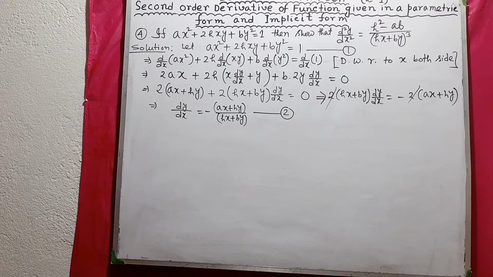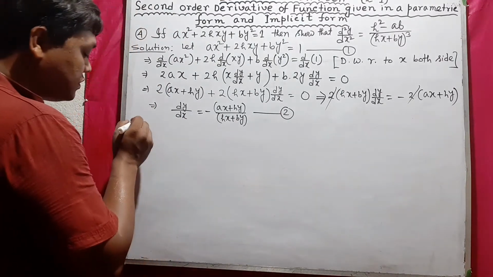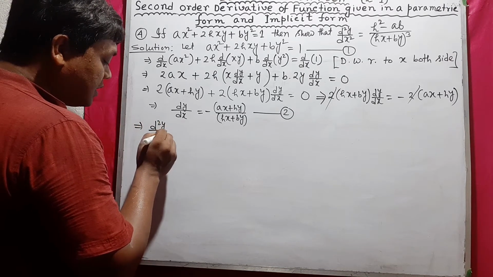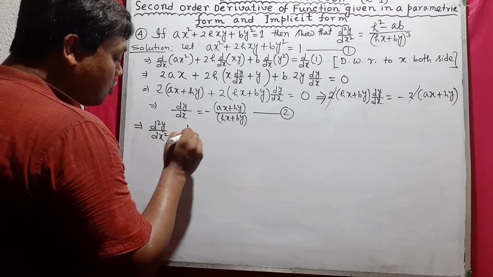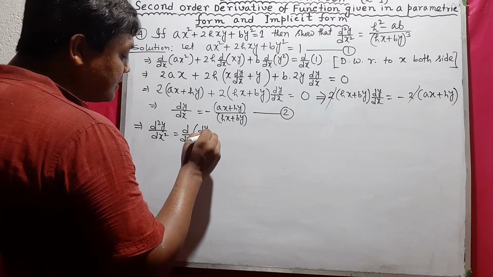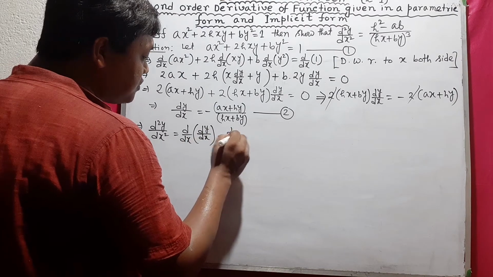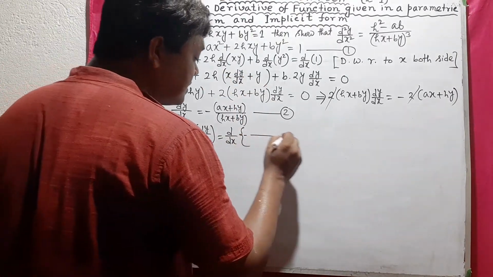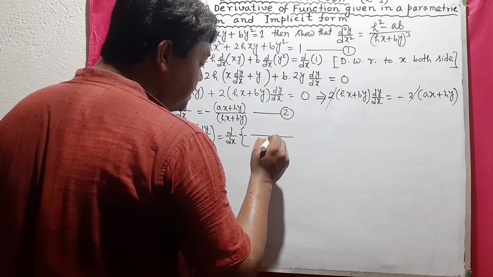Now again differentiate with respect to x. So d2y/dx2 means d/dx of dy/dx, that means d/dx of the expression, minus ax plus hy by hx plus by.